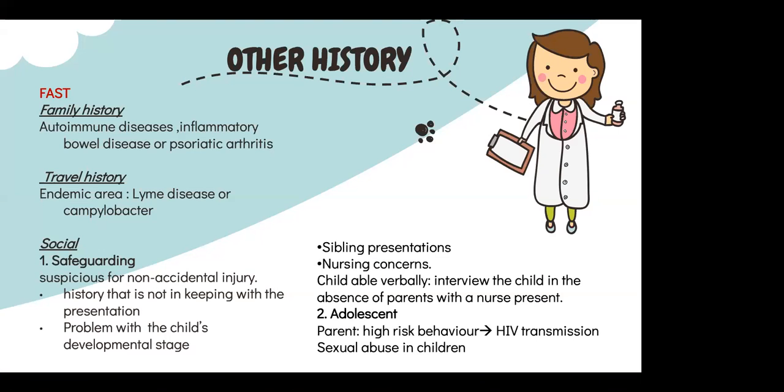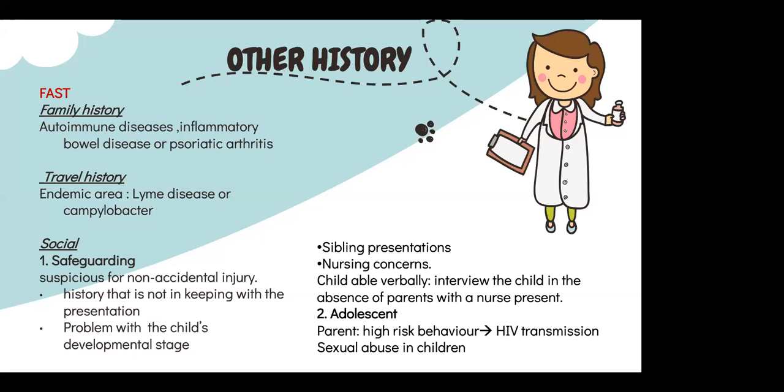Complete your history with other history. The mnemonic is FAST: family history, travel history, and social history. For family history, you might want to ask about autoimmune disease, inflammatory bowel disease, or psoriatic arthritis that runs in the family.